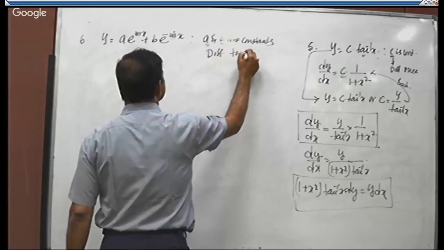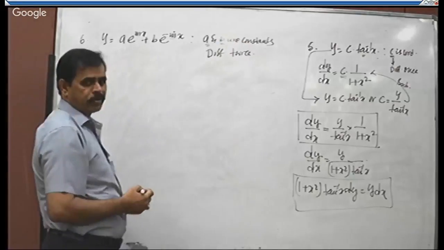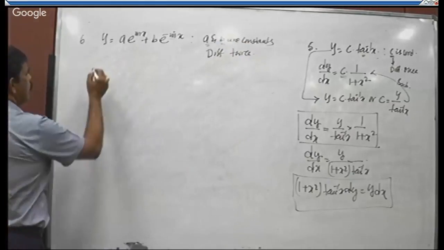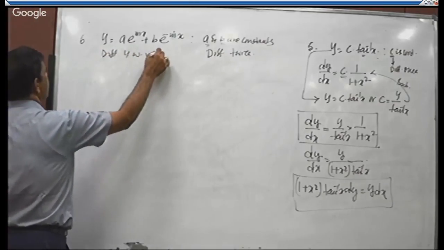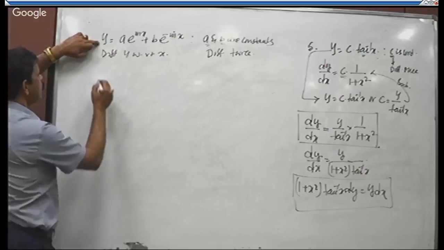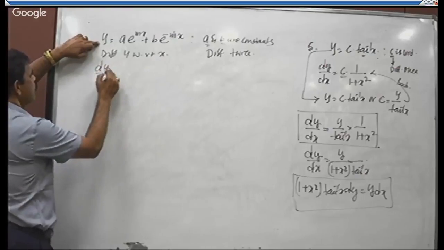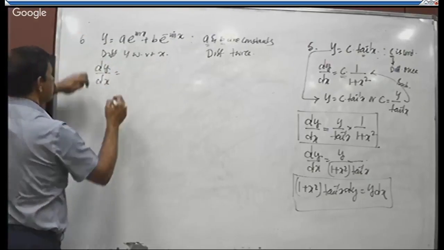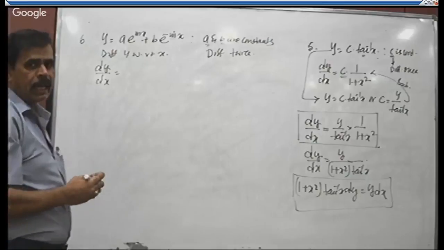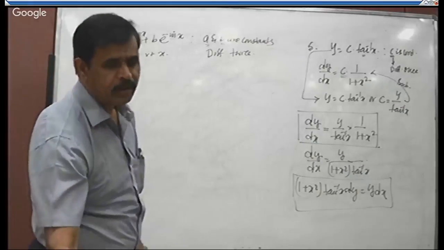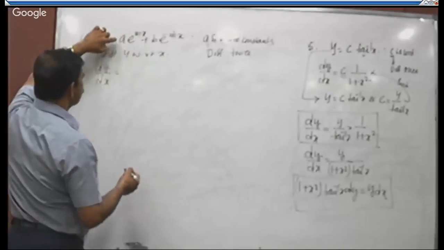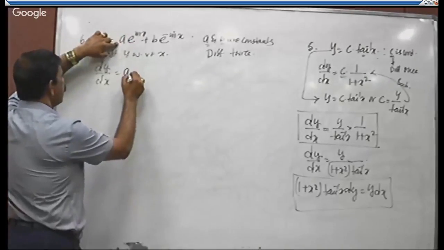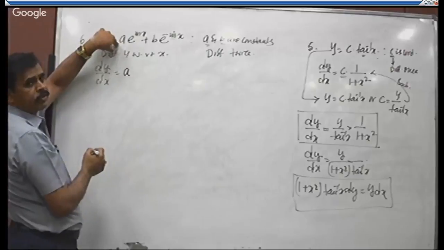Differentiate twice. Differentiate y with respect to x. What will you get? Dy by dx is equal to a into the differentiation of e power mx, keeping a as it is.